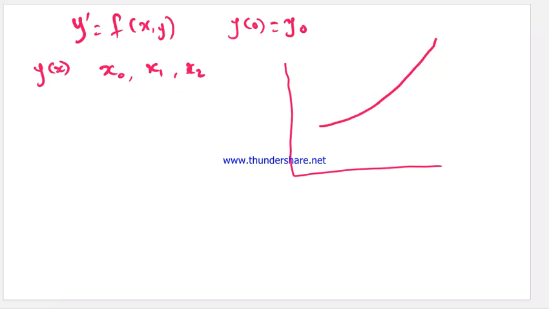So let's assume this is the curve of the solution, and we are given the initial point x naught. We are given the y value as y naught.